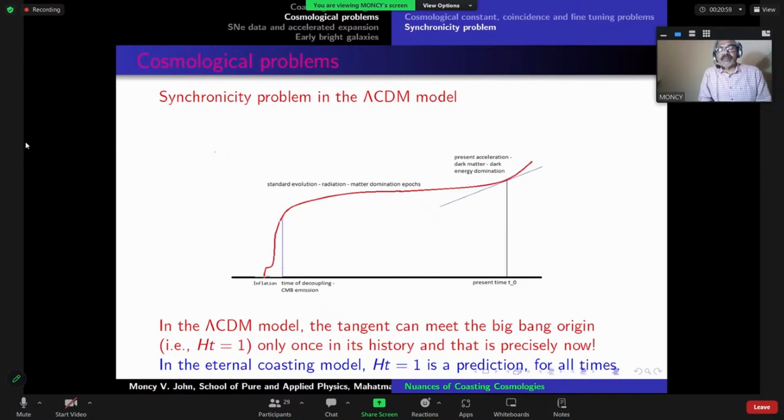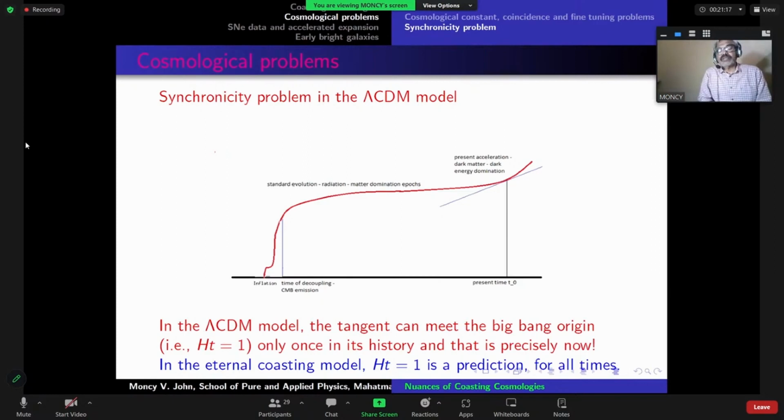Mathematically, this condition can be written as Ht equal to 1. So the situation in the lambda CDM model is that the tangent can meet the Big Bang origin, and that happens only once in its history, and that is precisely now.